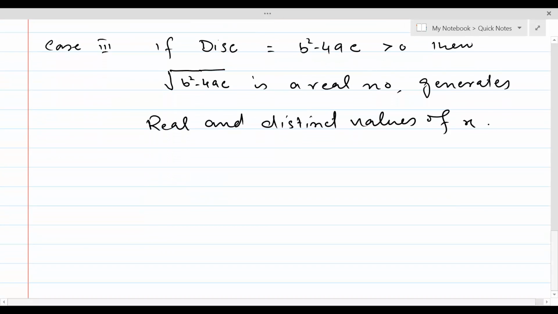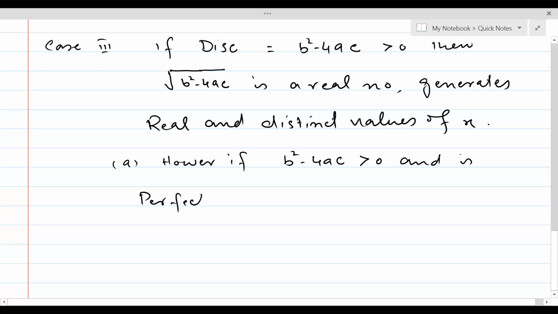But the interesting situation is, however, if b square minus 4ac is greater than 0 and is a perfect square, then what will happen?